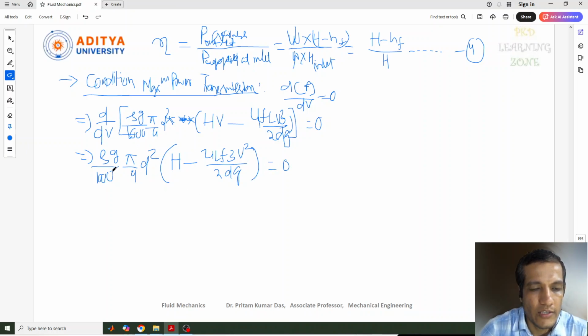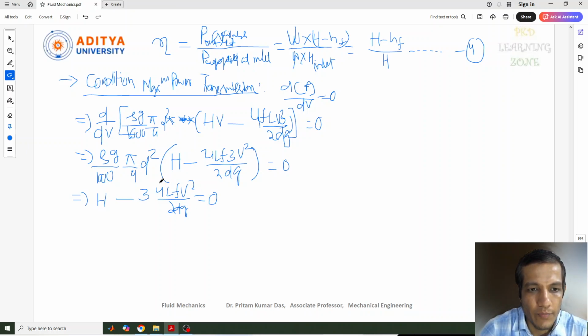Now what I'll do, this constant term which is outside of the bracket, let's take it to this side and make it 0 here, and the remaining terms I can write: H minus this 3, again 3, let's take it out, and the remaining terms I can write like 4LF V square by 2DG equal to 0.